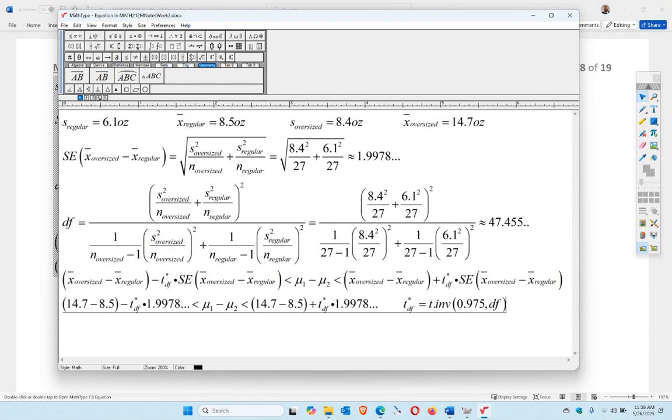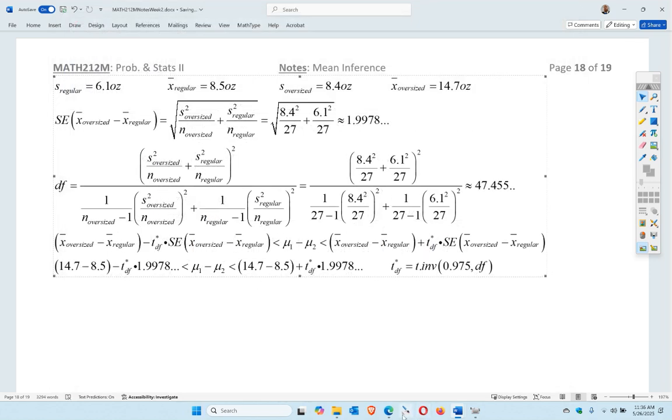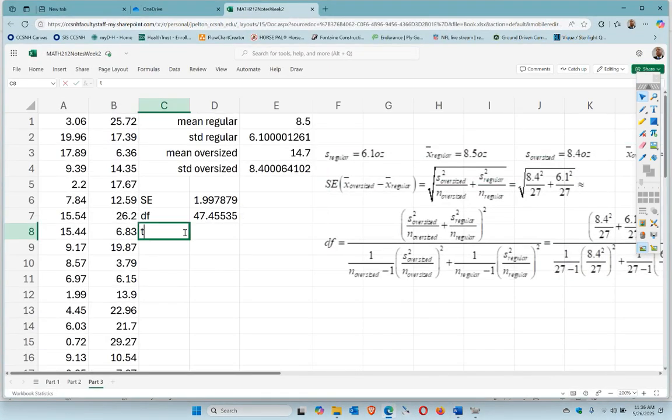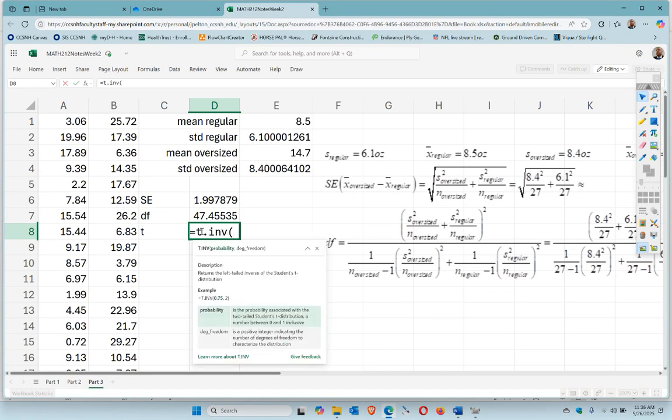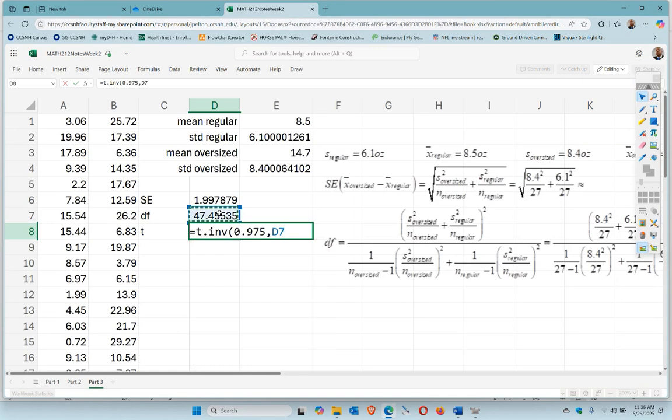That's going to give us some kind of t-value. Okay, so let's go back to our spreadsheet. So our t is t dot inverse, 0.975, comma, degrees of freedom. We don't need a -1 or anything like that here. It's already been calculated into the formula. It's actually right there, the -1. All right, so there is our t-value.